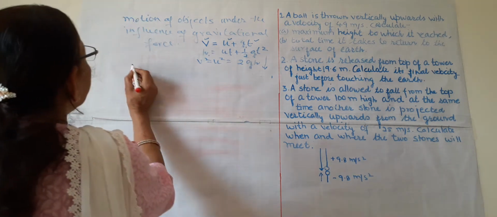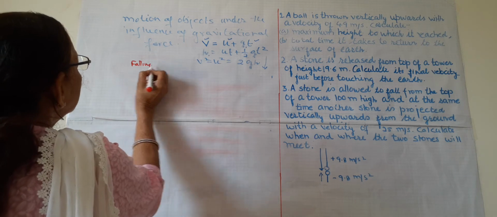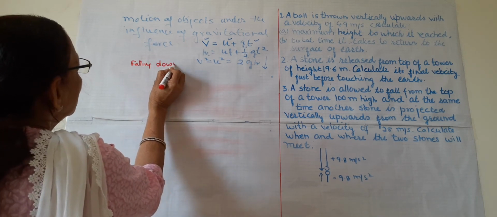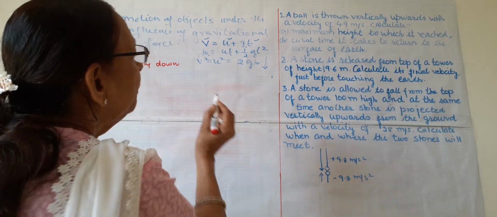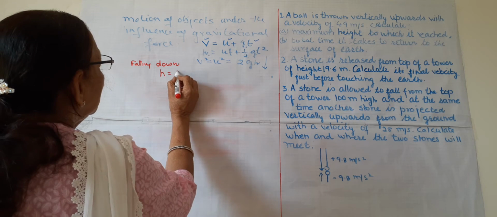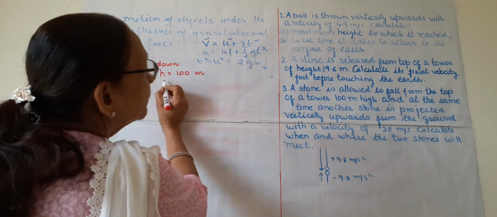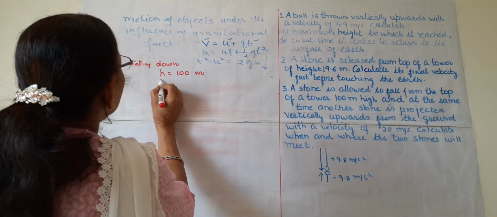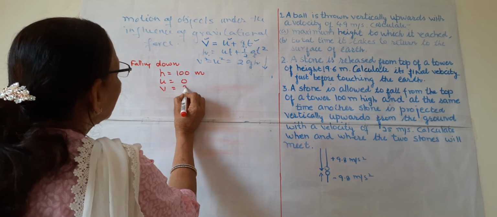Now see, one stone is falling down. For the stone which is falling down, height is 100 meter, the total height. Then for the falling stone, u is 0.